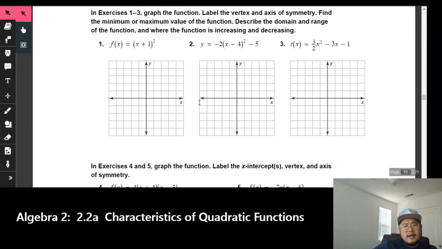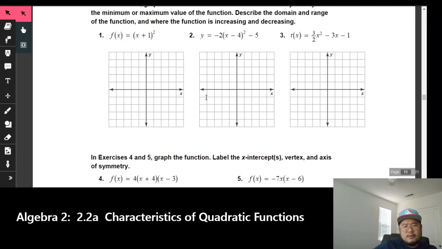So let's go ahead and take a look at number 1, and let's begin to graph this out. Now our function right here happens to be in vertex form. So hopefully we realize that your vertex is going to be at -1, 0.